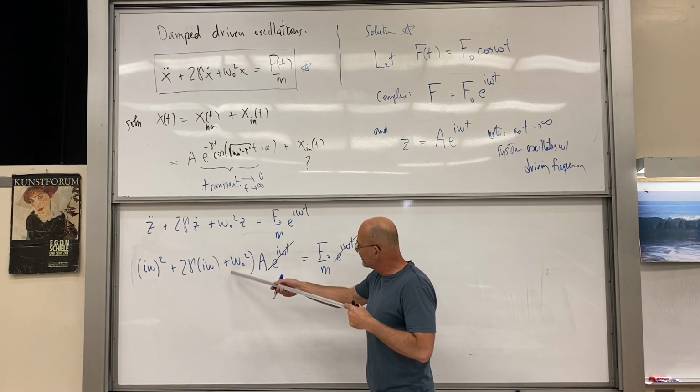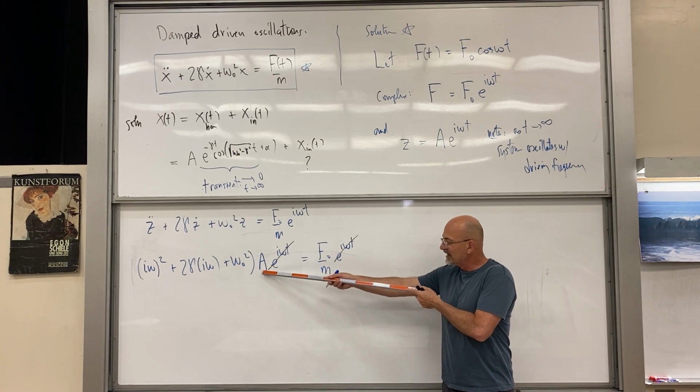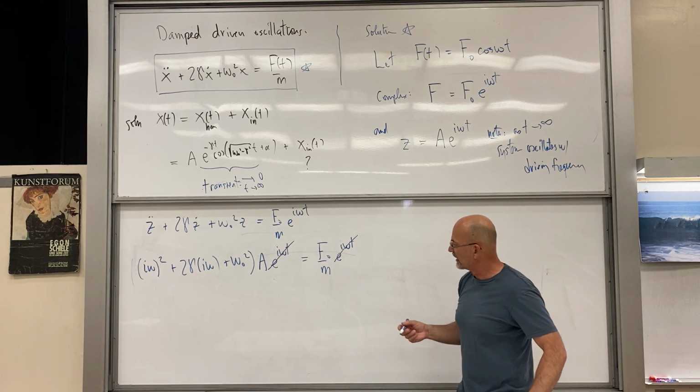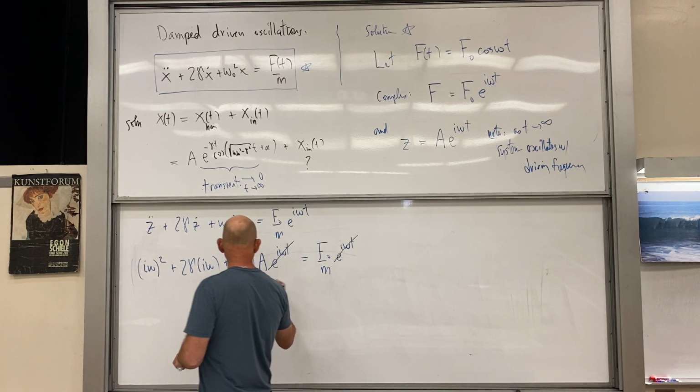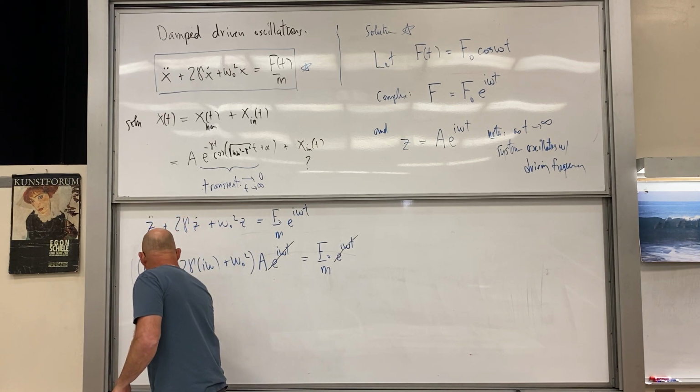Gamma, these are all constants that are given. So the unknown is the amplitude. So what we're going to do is solve for the amplitude. And this contains all of the interesting physics, really, or most all of the physics that we're looking for.